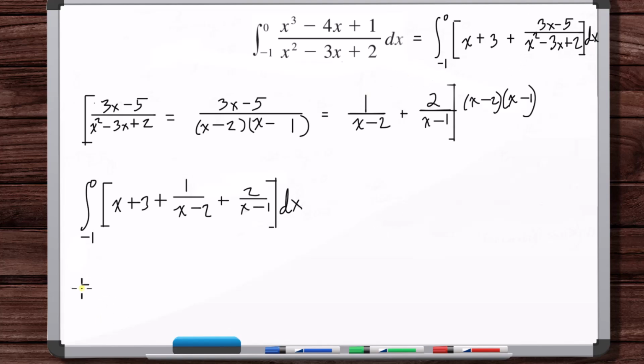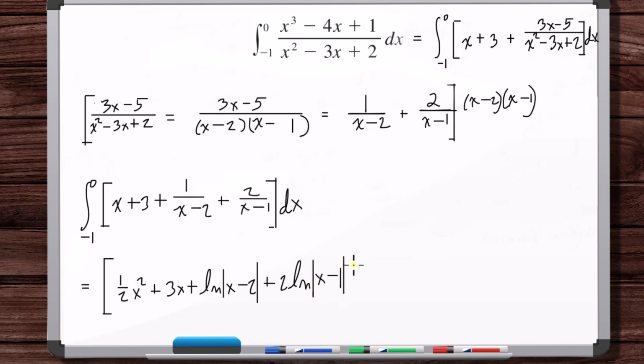Okay, so let's see. We've got 1/2 x squared plus 3x plus natural log of the absolute value of x minus 2 plus 2 times natural log of the absolute value of x minus 1. Okay, all of this evaluated from minus 1 to 0.